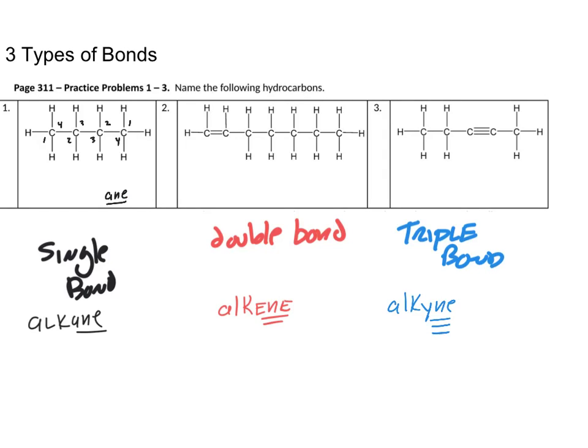Now, the other thing that we have to remember is that there are prefixes that tell us the number of carbons that are present. And those in the reading: 1 was meth, 2 was eth, and you should probably know this. 3 was prop, 4 was but, 5 was pent, and 6 was hex, and the rest is things that we're used to.